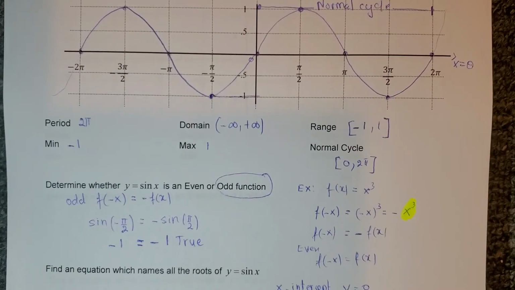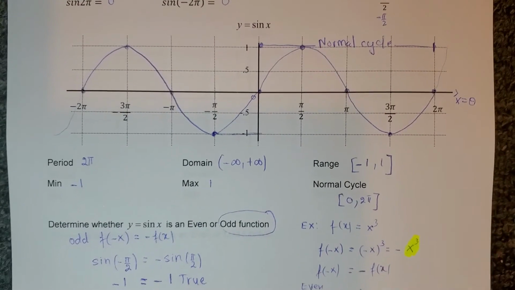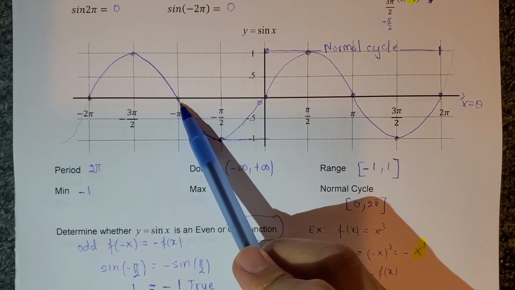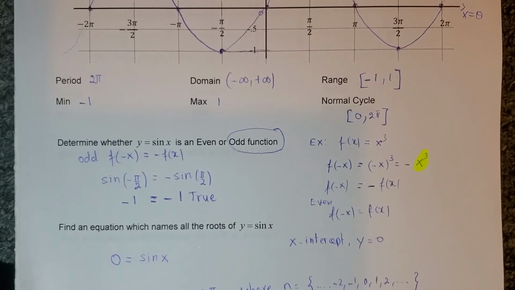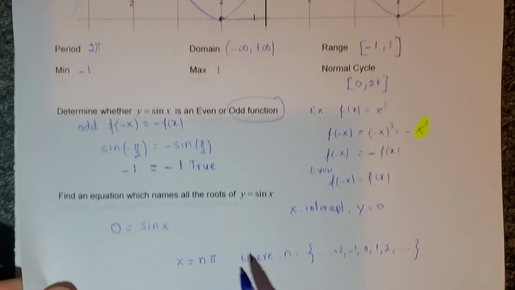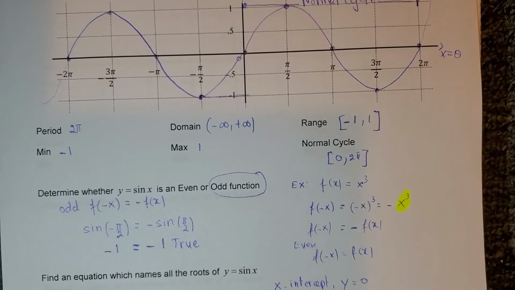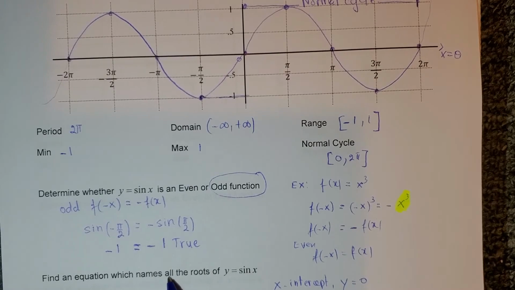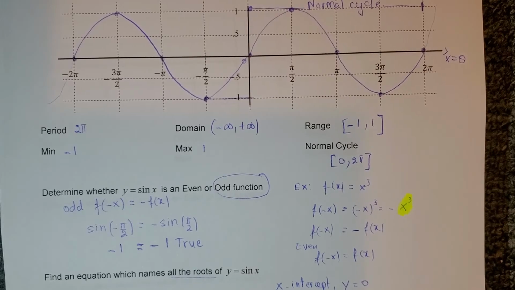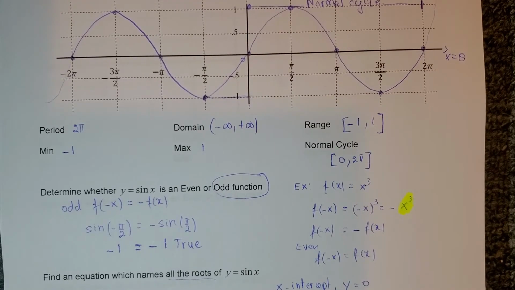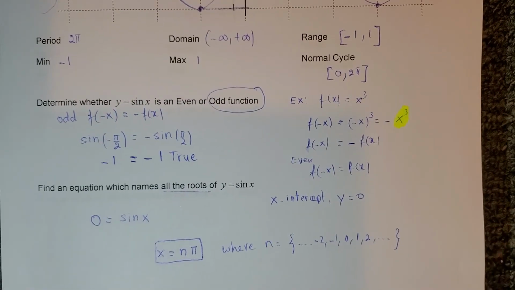If n equals 2, that's 2 pi, the point right here. When n equals negative 1, that's negative pi, and if n equals negative 2, that's negative 2 pi. So that's how you find all the roots of that function. That is for sine.